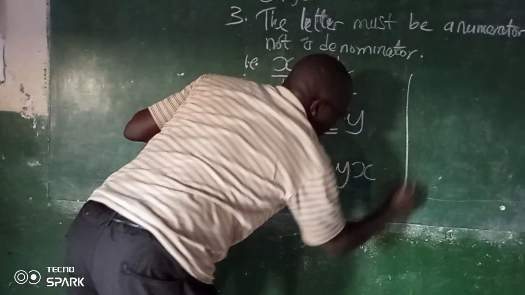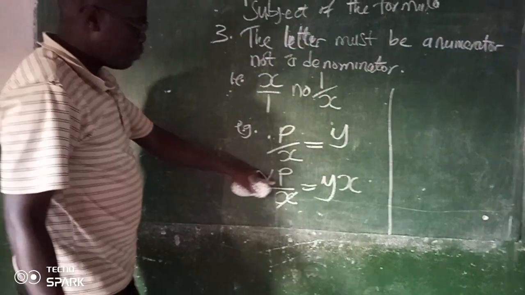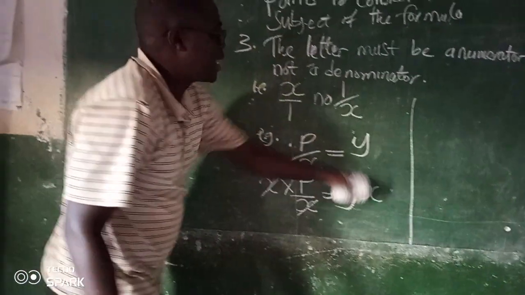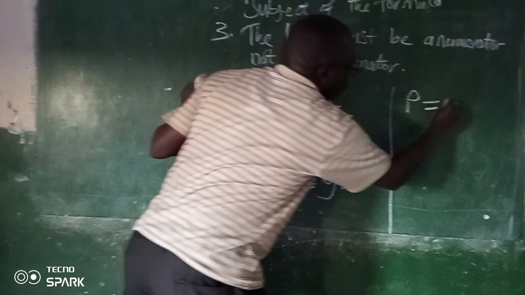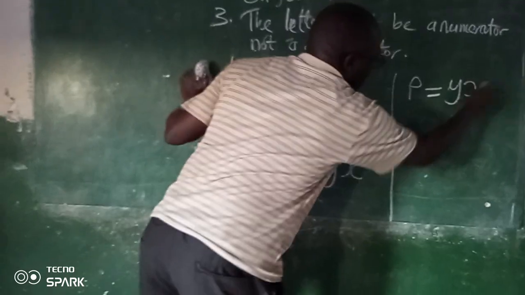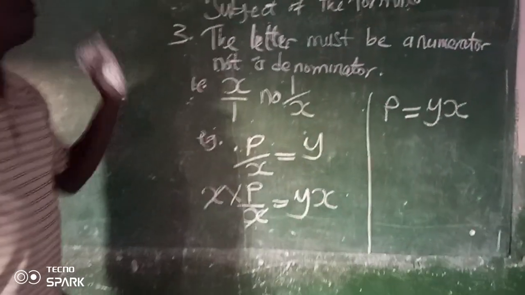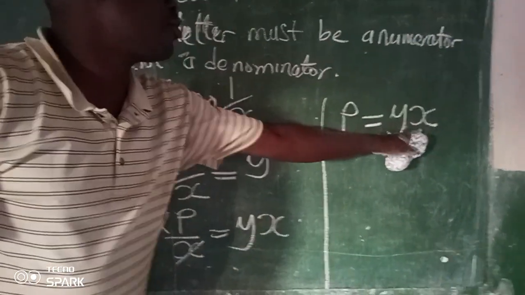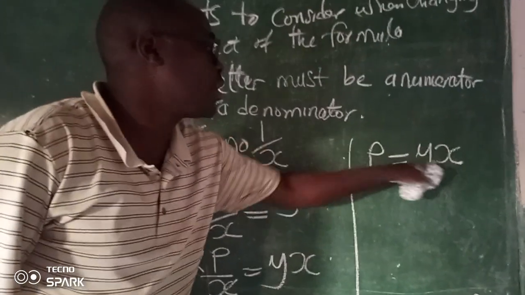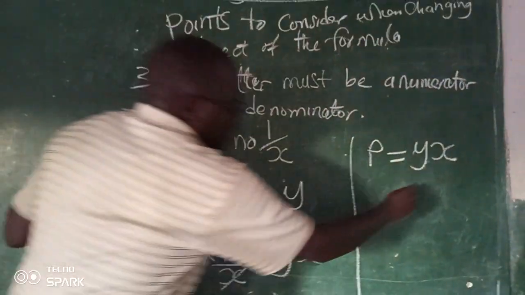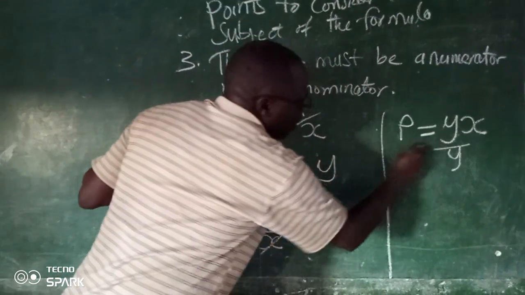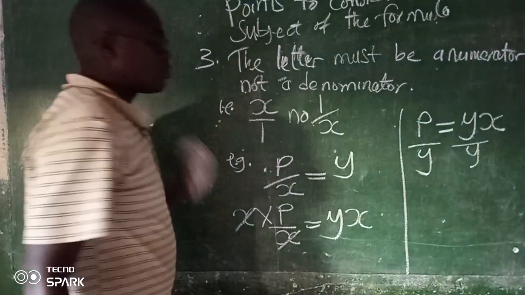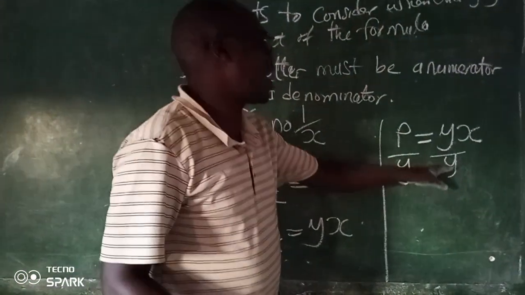Therefore, we have P is equal to YX. But still more, we need to have X by itself, so we need to eliminate Y. Then we divide by Y both sides. Why are we dividing by Y?